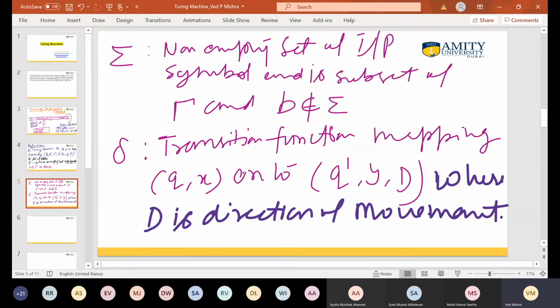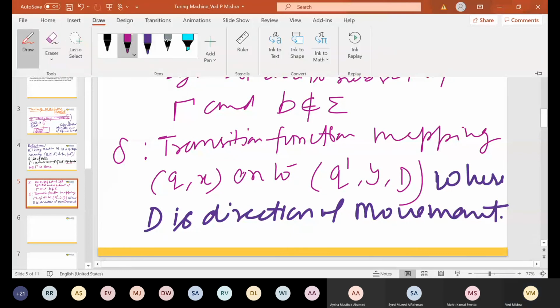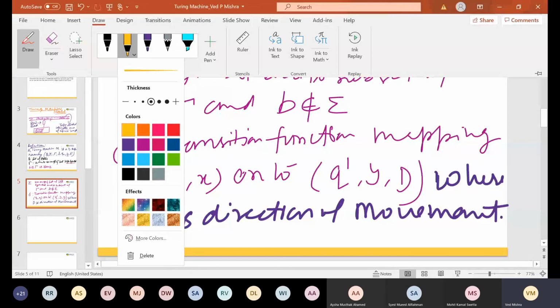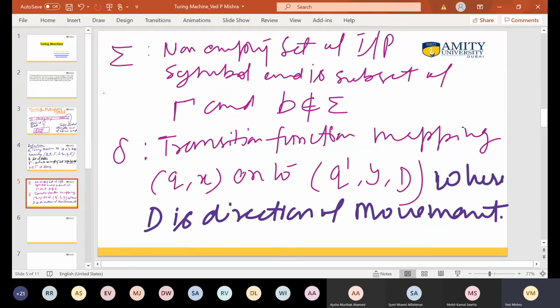It can move either left or right. So D will be equal to either L or R. Whenever you are writing L, L means left, and R means right. Here you should not be confused. Okay.